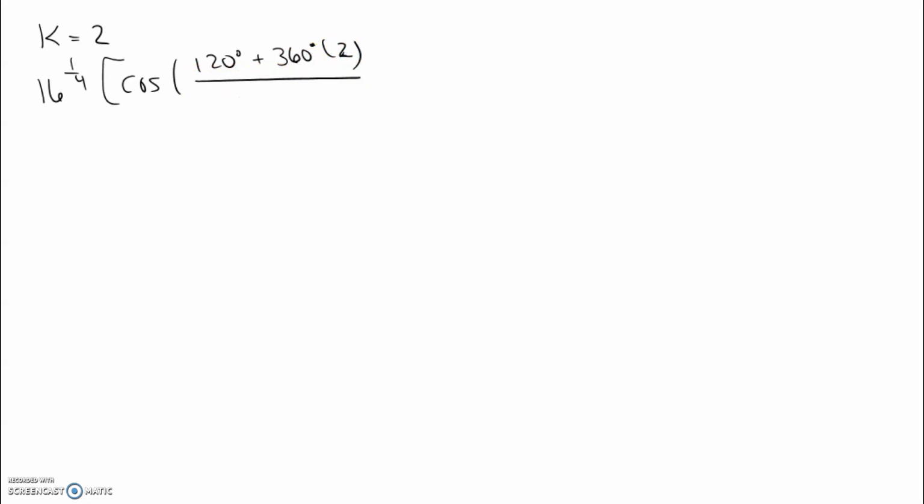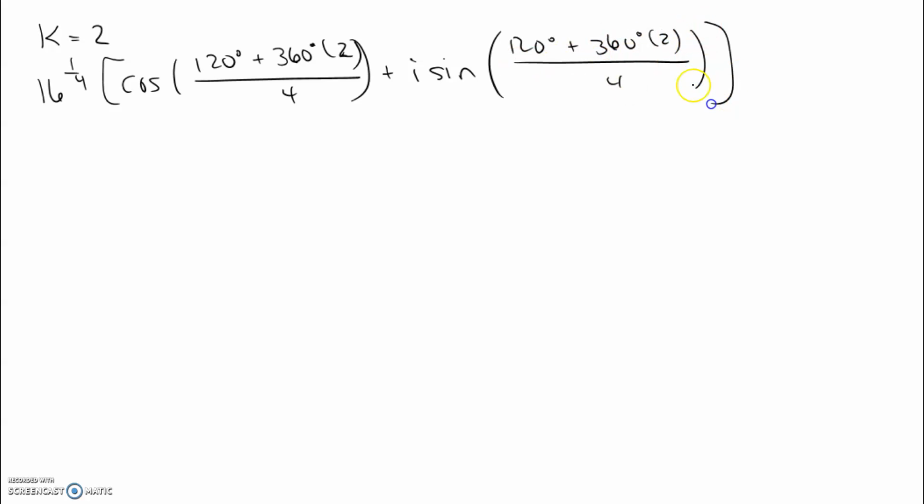All right, now if we keep going with k is equal to 2, so this is going to be the fourth root of 16, cosine of (120 plus 360 times 2) divided by 4 plus i sine of the same thing, (120 plus 360 times 2) all over 4.